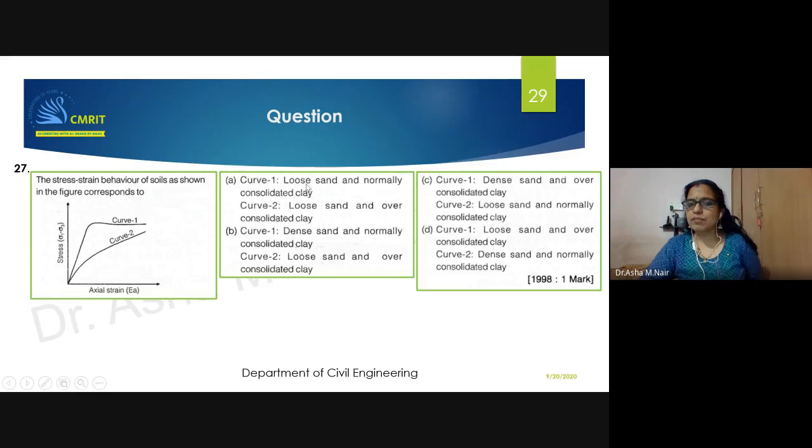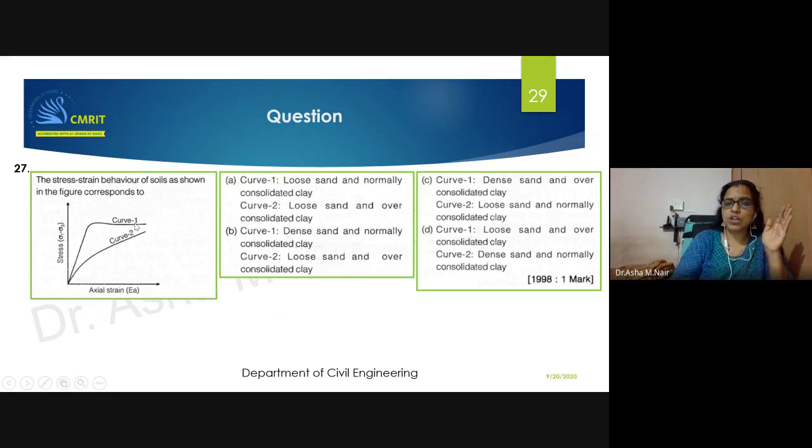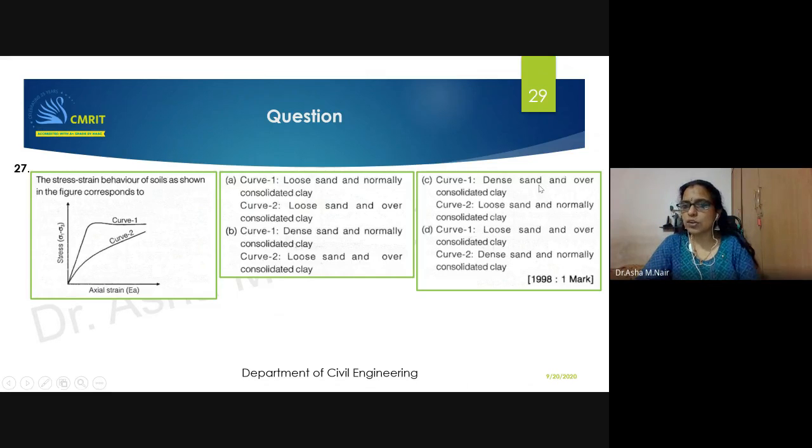So this statement, is it correct? Yes, it is correct. Curve 1 is, sorry, corresponding to a dense sand and an over consolidated clay. And curve 2 corresponds to a loose sand and a normally consolidated clay. So which option is giving that? Dense sand and over consolidated is here, loose and normally consolidated here. Your option is C.